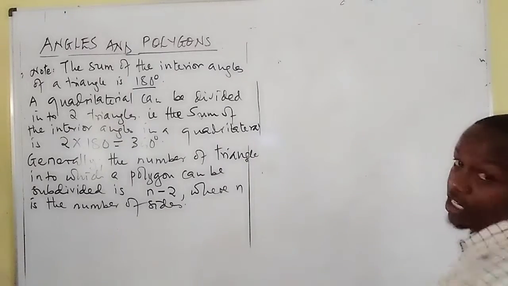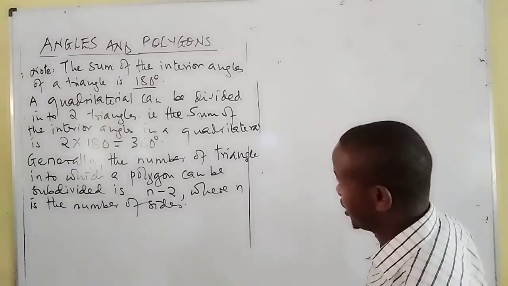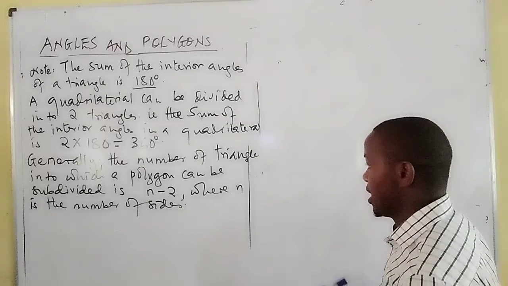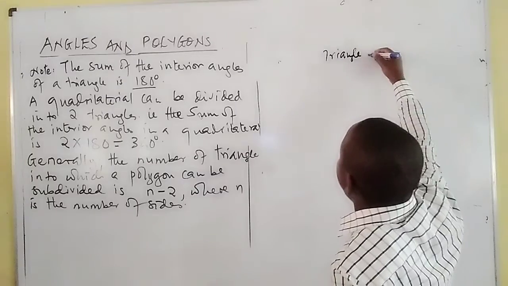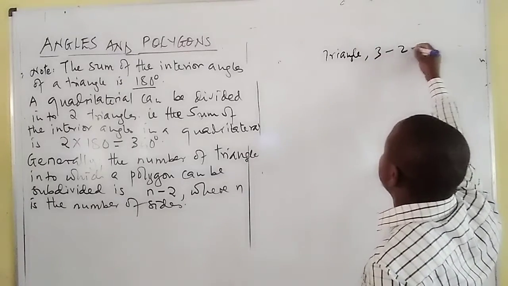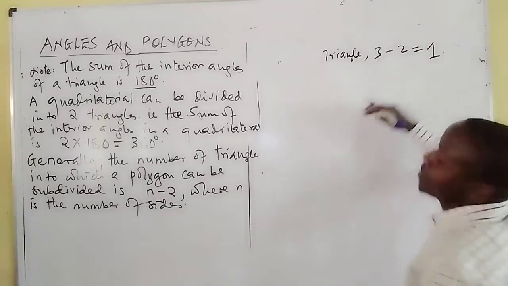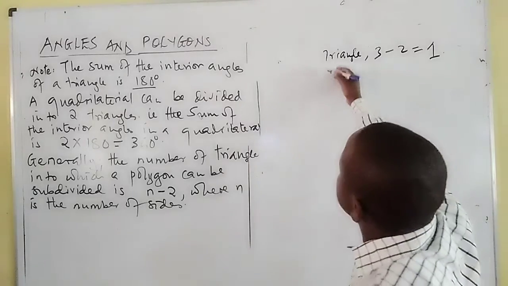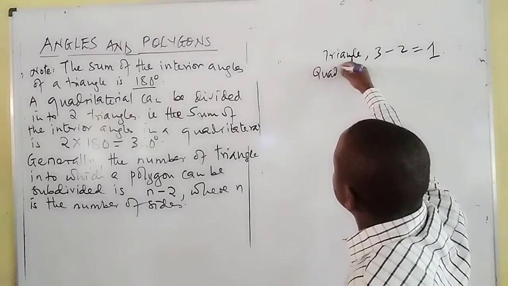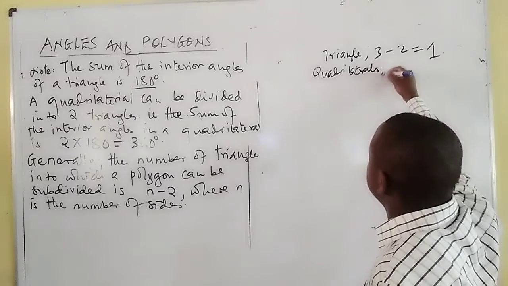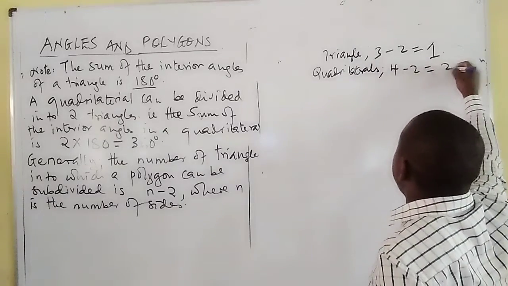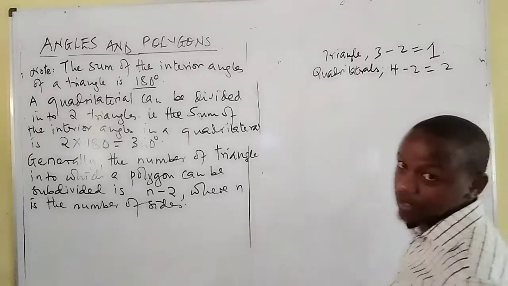So it is good to notice that a triangle has three sides. So when we minus 2, it is only one triangle. For the quadrilaterals, they have four sides, meaning that they can give us two triangles.